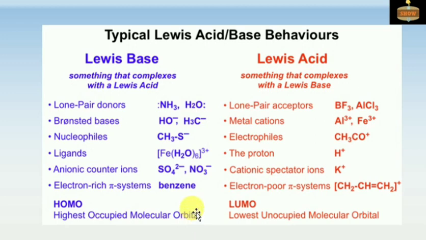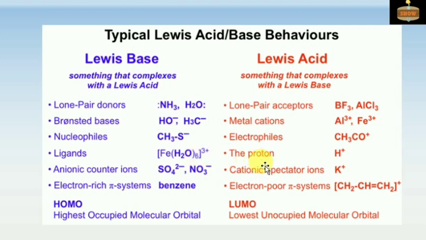And the counterpart of that is the Lewis acid, which complexes the Lewis base. So if the base is a lone pair donor, then the acid is an acceptor. If the base is a Bronsted base, the acid is a metal cation; you can see HO- and here Al3+. The base is a nucleophile, so the acid is an electrophile. The base is a ligand, and the acid is the complex.